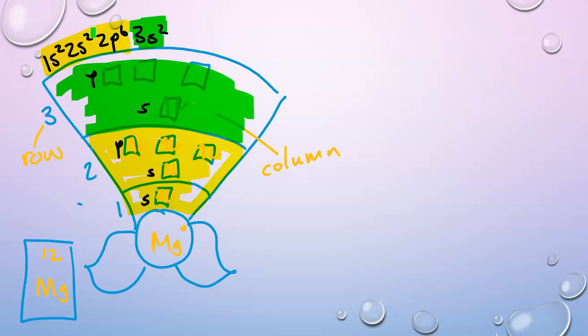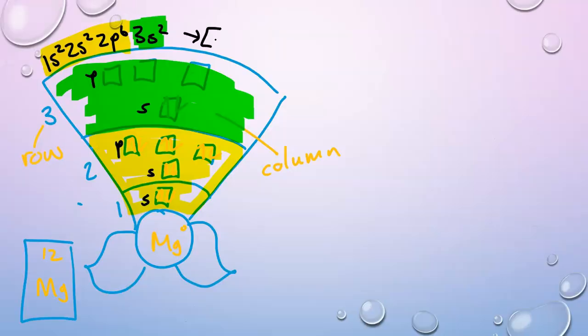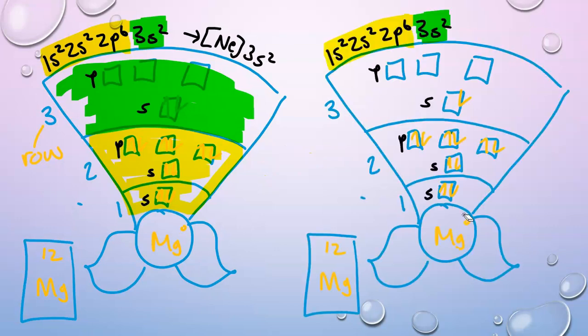So if we look again at the short form, we again start with neon, because neon is the noble gas with 10 electrons. So the yellow part I can swap with neon, and then I just say, well, she's still got 2 valence electrons to work with. If we look at the ion that will form, we know that she is going to give away her valence electrons, which means that she will end up with a charge of 2+.